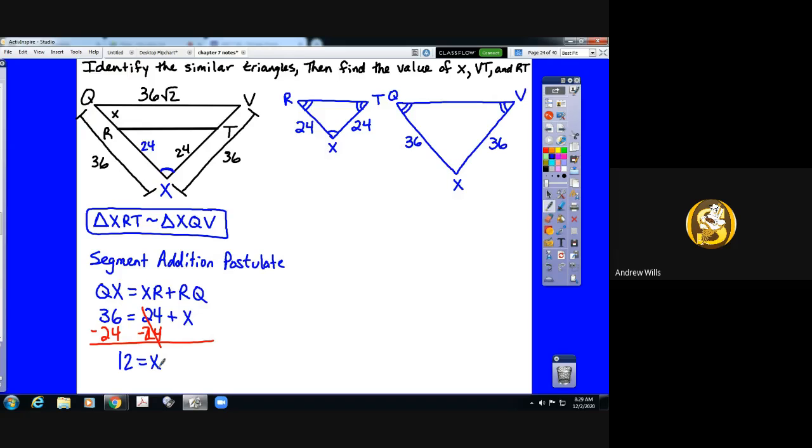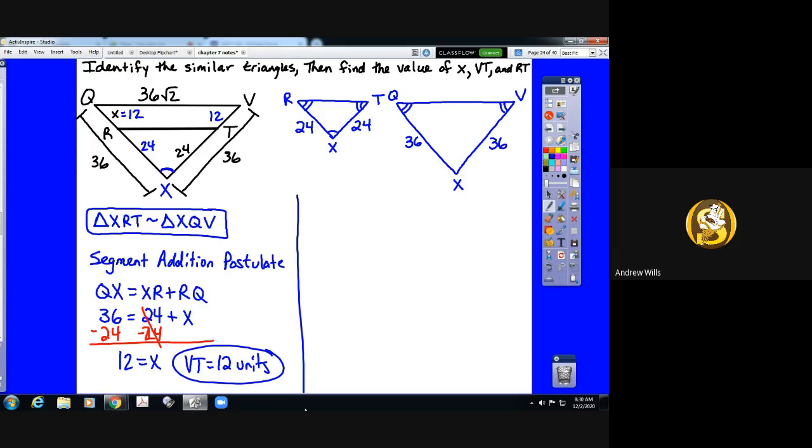which means that if QR is 12, VT is also 12 units, which is one of the things we were asked to find in this problem. Now, the other thing we're asked to find is actually designed to scare you.